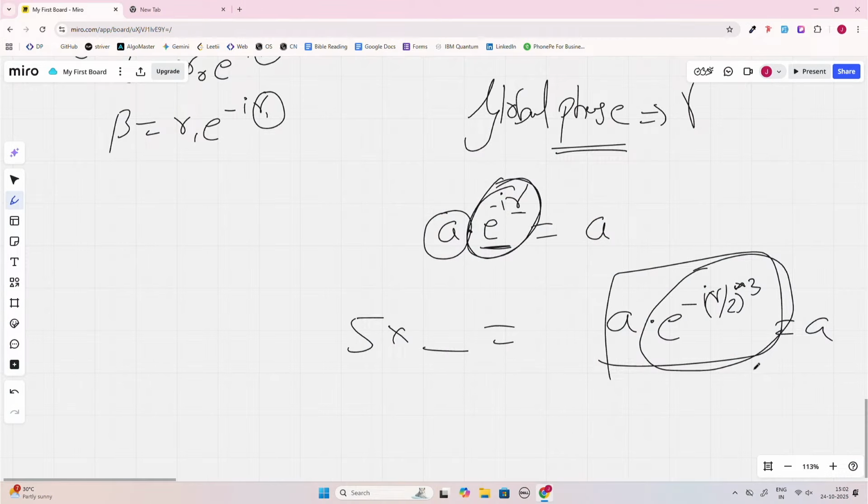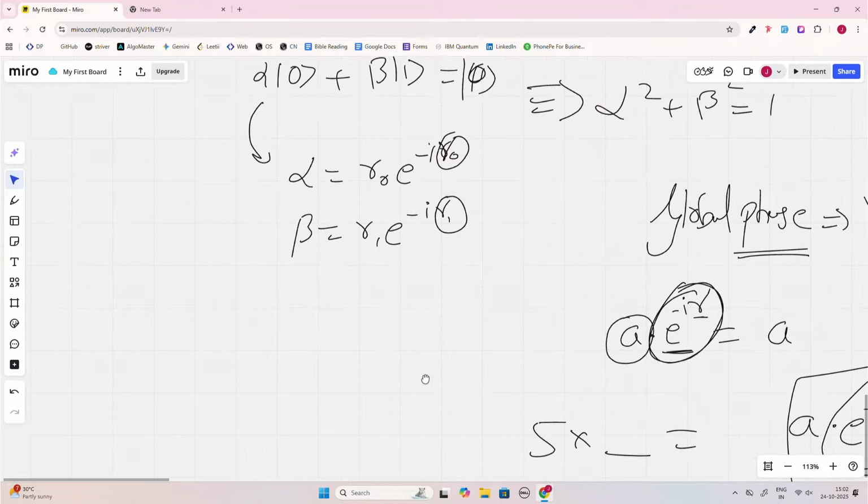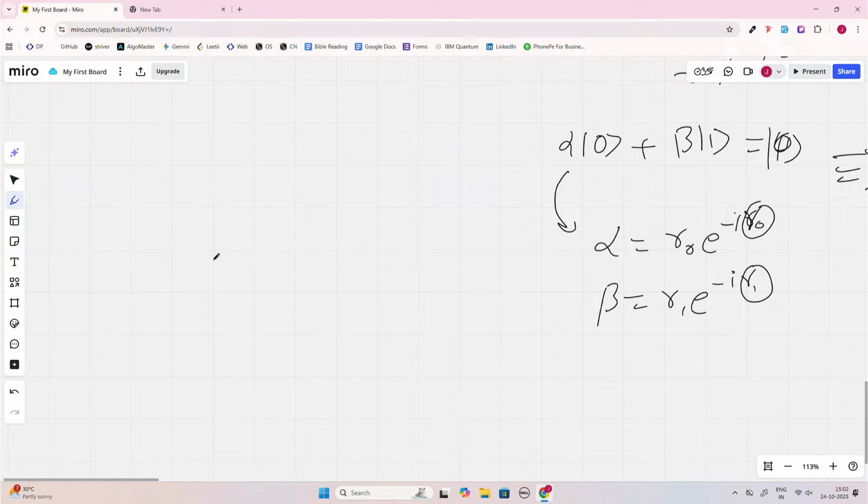Now because of this phenomenon, where I can do anything in the global phase but it will not affect my output, what I can do, I can simply write this guy as something like this. I'll make gamma naught as 0, that is this term, gamma naught, and I will make some random gamma 1 as 5.